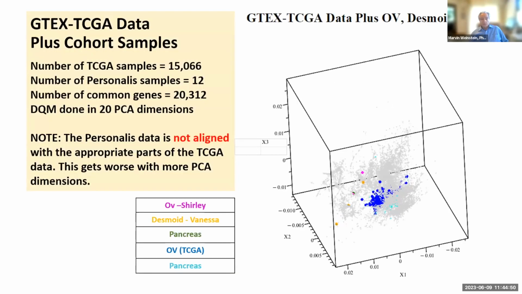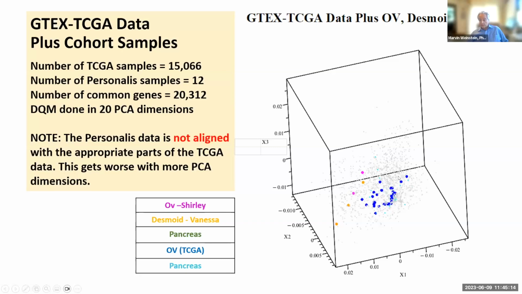The idea was to look at the TCGA, the Cancer Genome Atlas data set, and combine it with Shirley's samples and with Vanessa's samples. So namely, here we're looking at the primary tumors and a whole bunch of other tumors from TCGA.